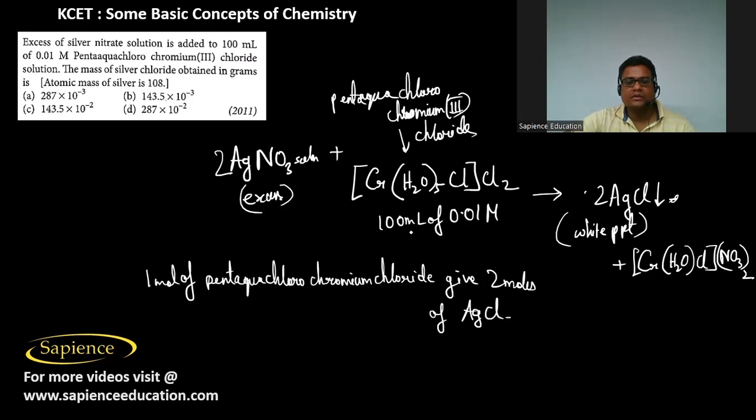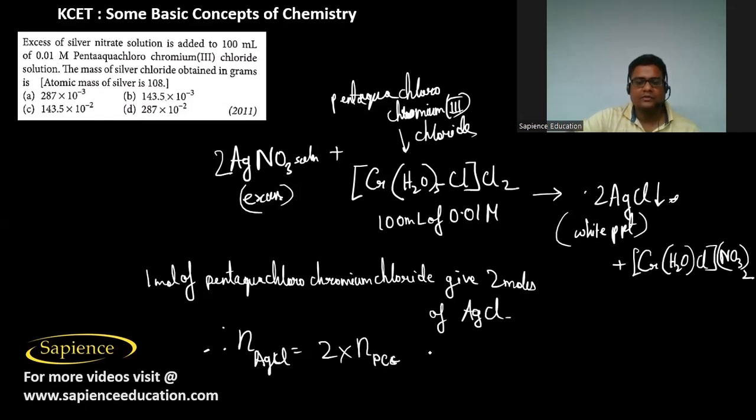So it means here we have taken 100 ml of 0.01 molar penta-aqua chlorochromium chloride. So therefore, the number of moles of AgCl that will be obtained is equal to twice the number of moles of this penta-aqua chlorochromium chloride.